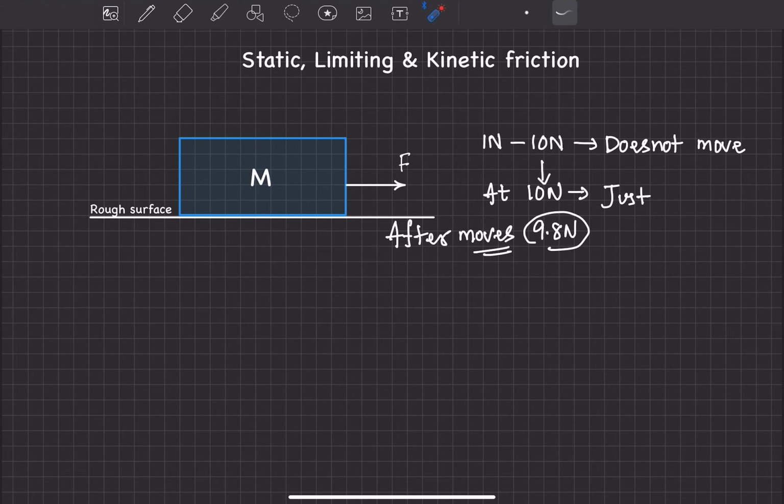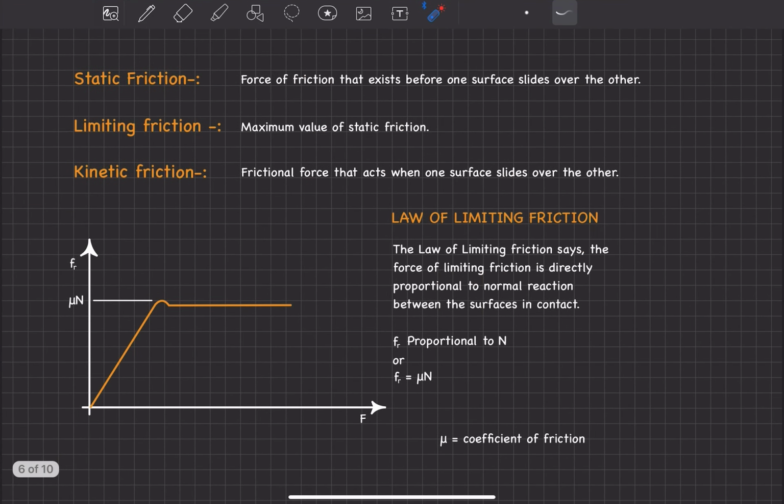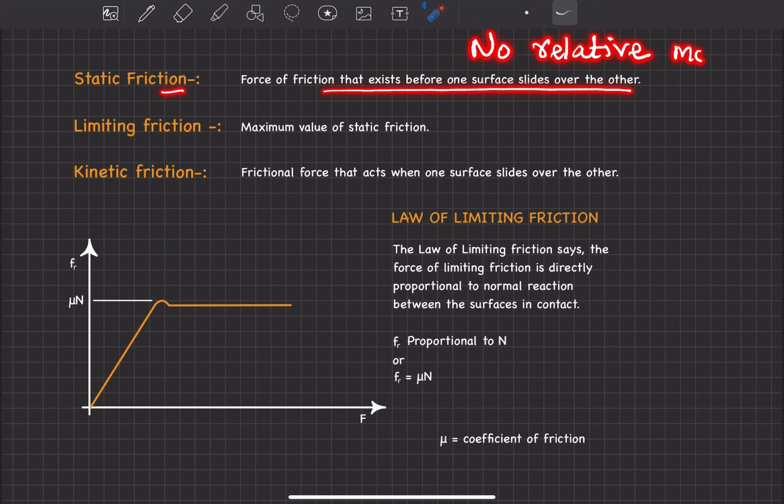Now, if we theorize all of it, then static friction is the force of friction that exists before one surface slides over the other, or when there is no relative motion between the surfaces in contact. This is very important. Static friction exists only when there is no relative motion between the surfaces in contact.